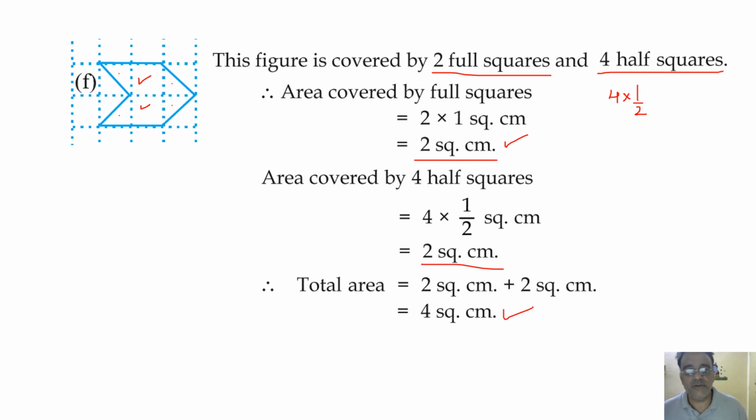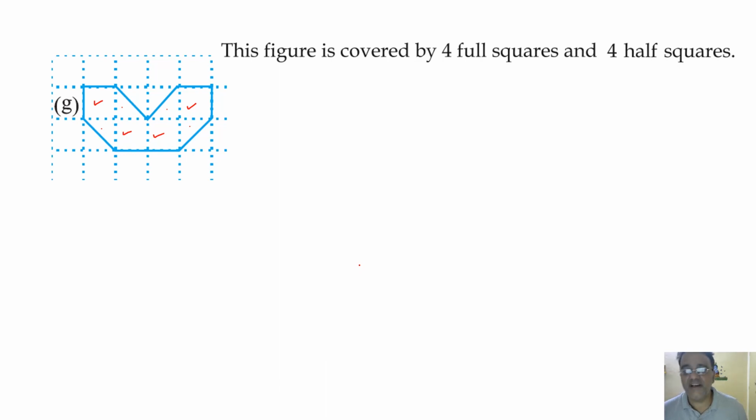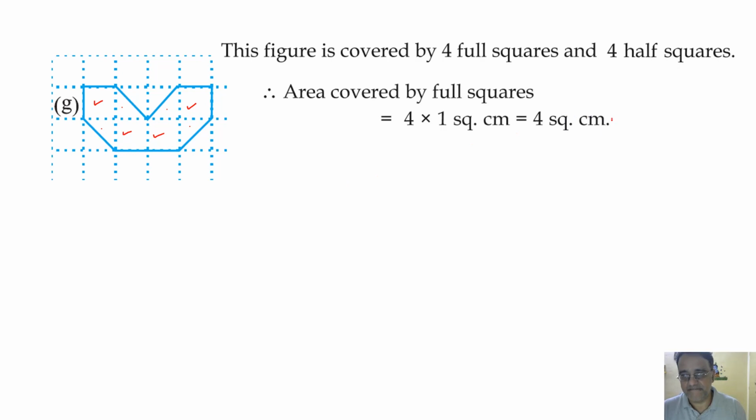Right, now we are moving toward the next question, G bit. So fully filled is 1, 2, 3, 4, and half filled is 1, 2, 3, 4. So this figure is covered by 4 full squares and 4 half squares, right? So 4 full squares means 4 into 1, 4 square centimeter.